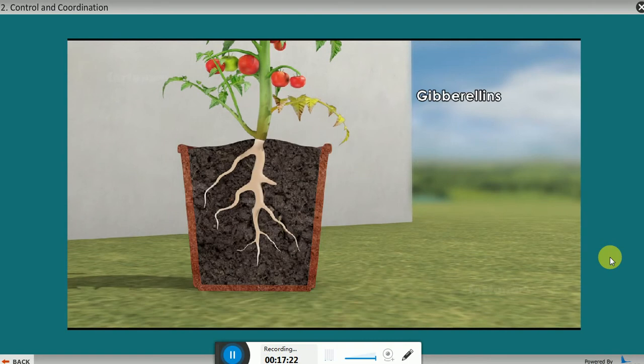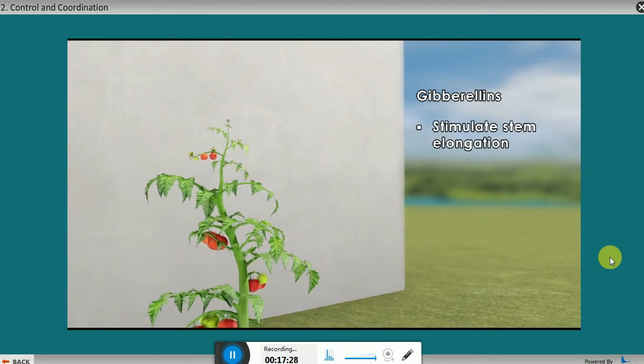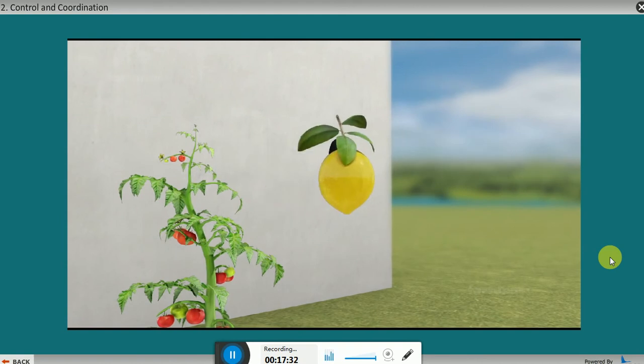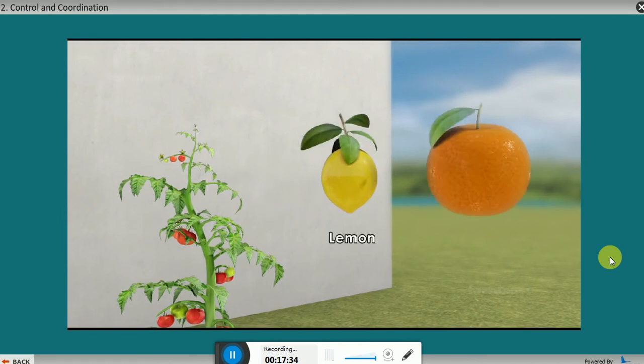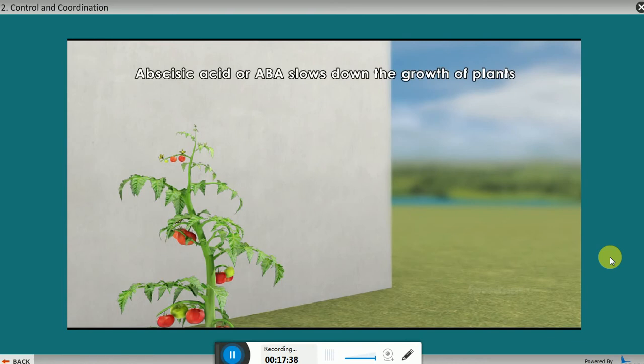Gibberellins are produced by the roots and young leaves of plants. They stimulate stem elongation and delay fruit maturity and senescence in lemons and oranges. Abscisic acid, also referred to as ABA, slows down the growth of plants.